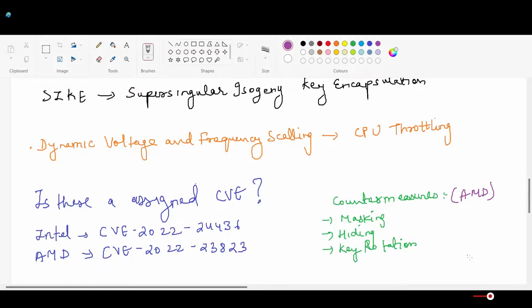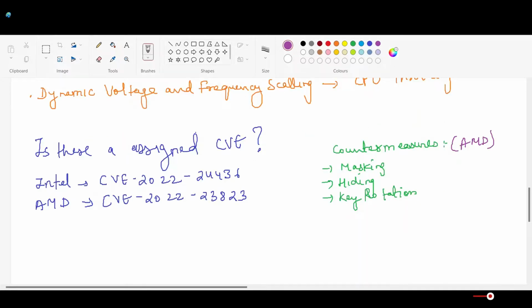Now since we are talking about mitigation, most people will wonder whether this particular vulnerability, Hertzbleed, is a bug or not. So the next question that comes to mind is: is Hertzbleed a bug?